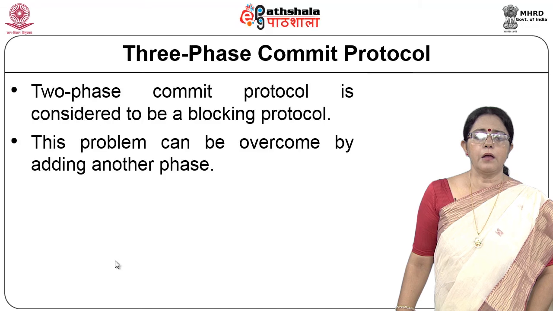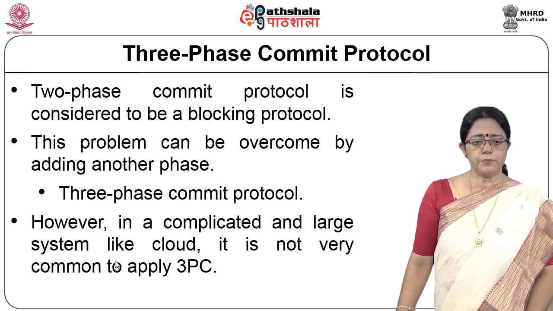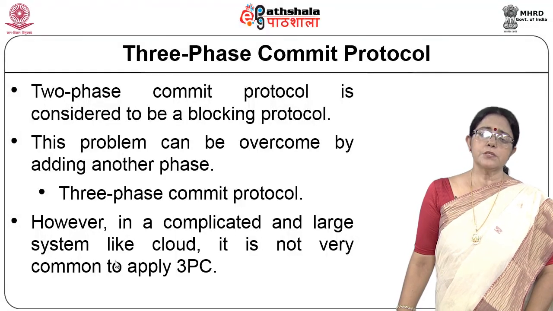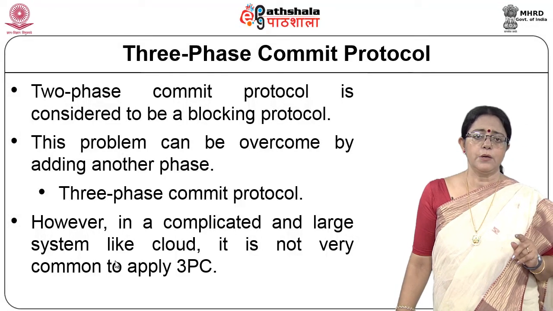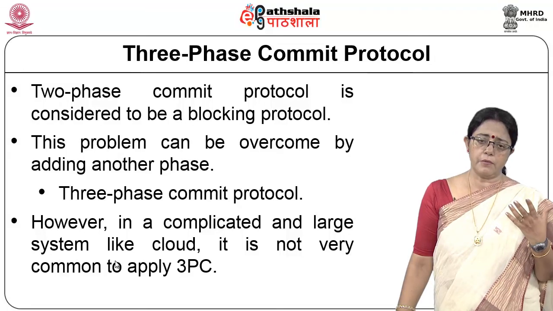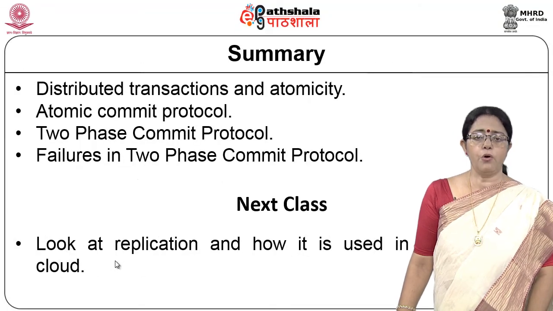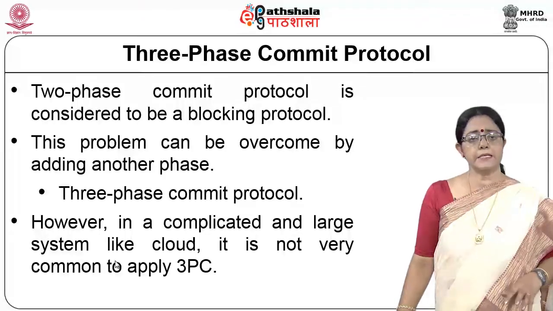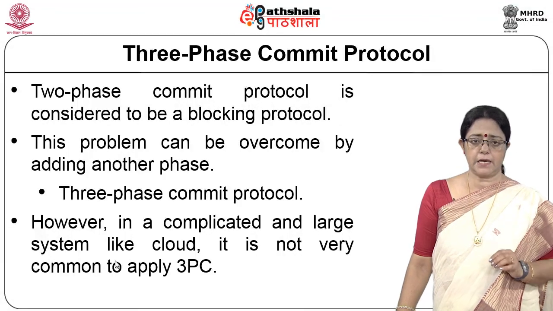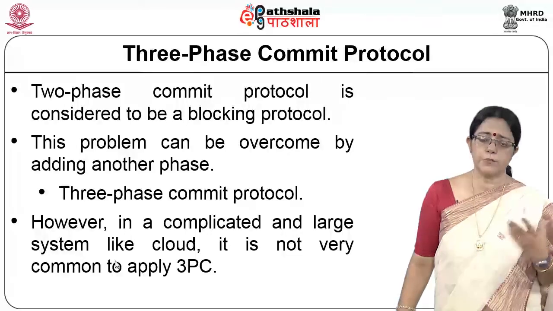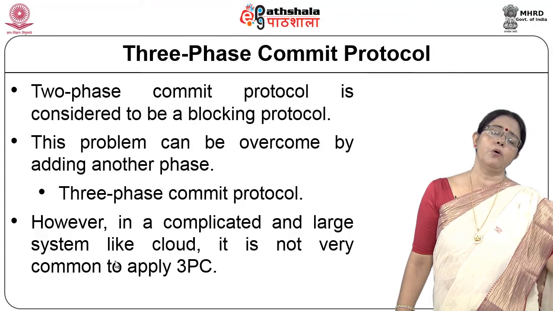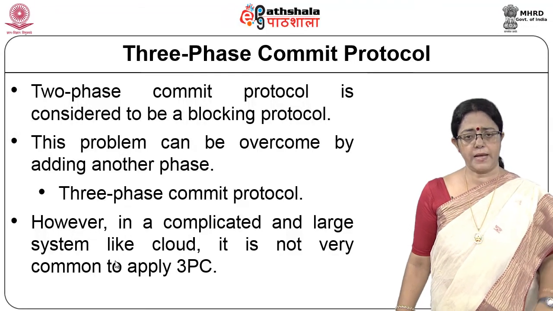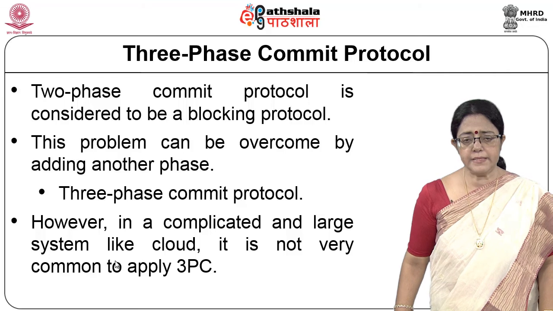So, the two-phase commit protocol is considered to be a blocking protocol because of the two incidents where if a specific message is lost, or if the coordinator crashes at a specific point in time, the protocol cannot continue. All the participating servers have to wait for the coordinator to come back up, and only then can a decision be taken.